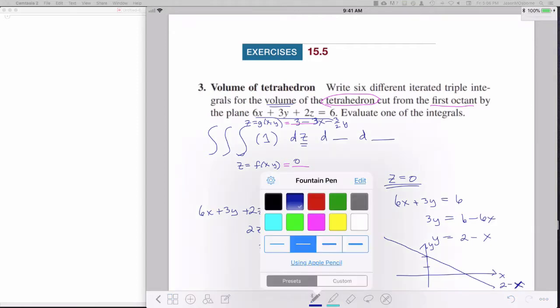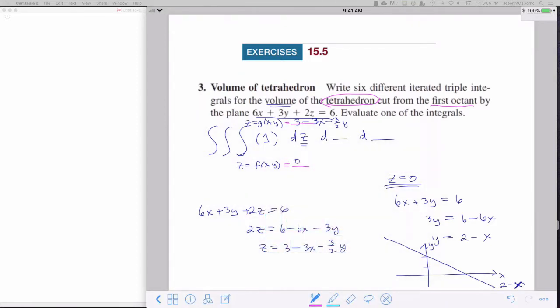But because you're in the first octant, y has to be bigger than 0, and x also has to be bigger than 0. So here's your region in the xy plane that you're going to integrate over.